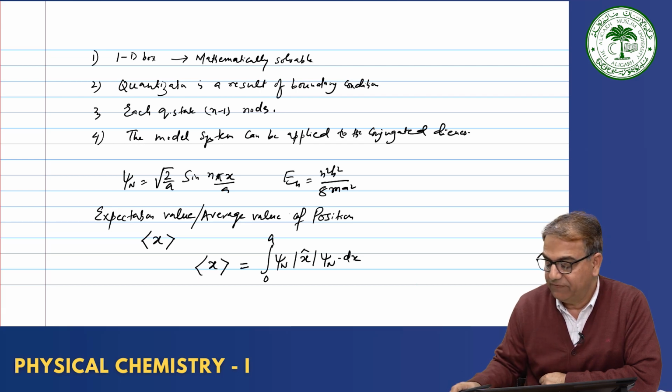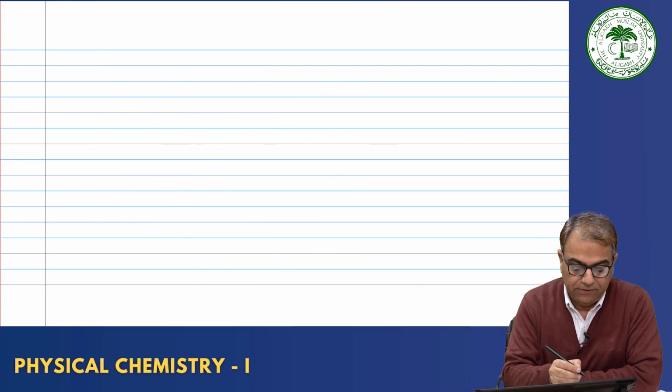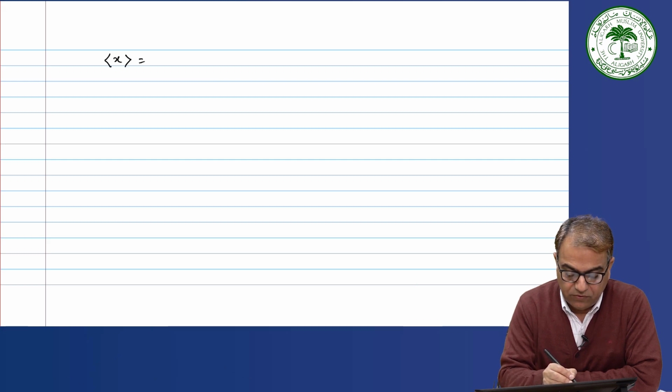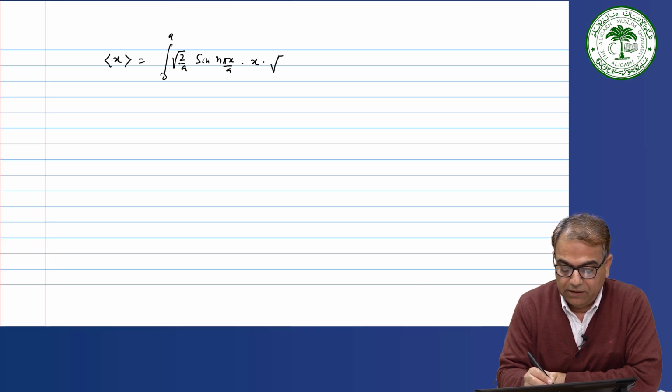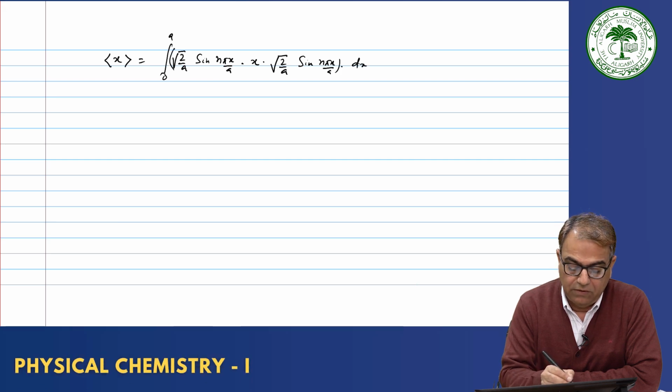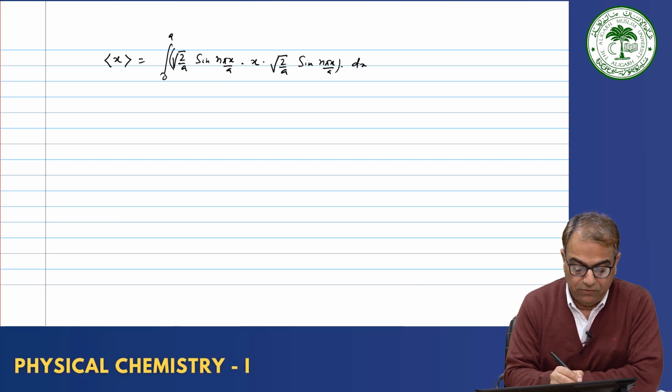So you can calculate this value, and if you do this, you will write from 0 to a, root 2 by a sin n pi x upon a, then you multiply by x, and then root 2 by a sin n pi x upon a into dx. This will be the expectation value.